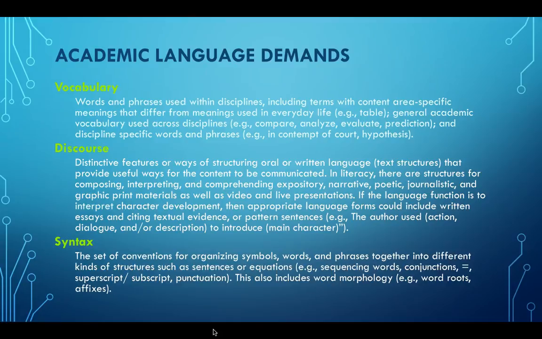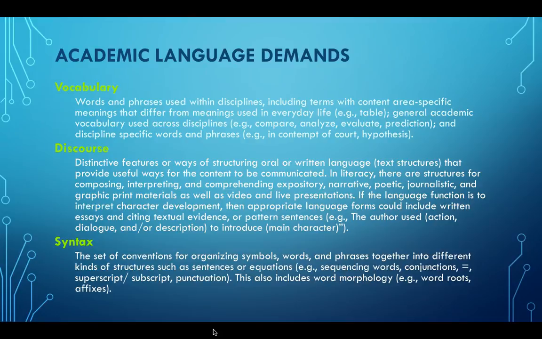It refers to distinctive features or ways of structuring language that provide useful ways for content to be communicated. So, in literacy, there are different structures for composing, interpreting, and comprehending different kinds of texts, like expository texts, narrative texts, poems, etc. So one example might be in narrative text, we have different structures.